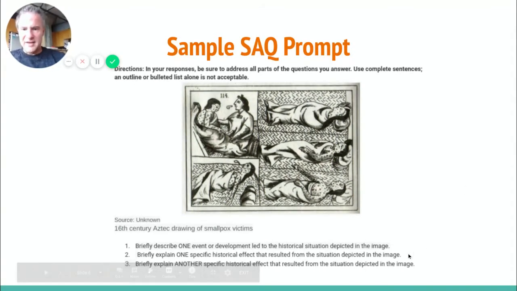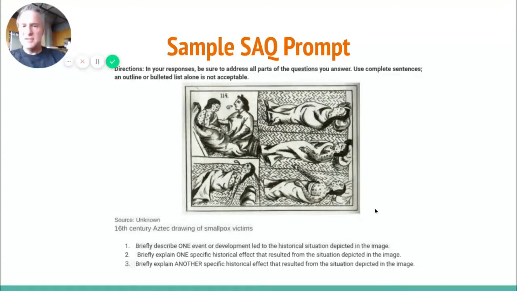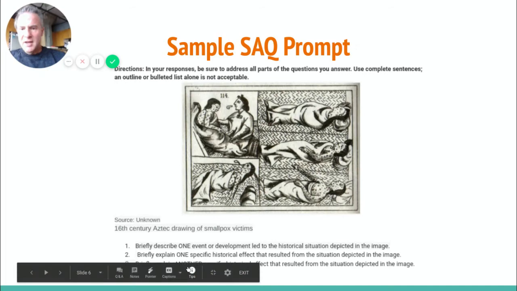The next one is asking you to explain one effect of the situation. And then your third one is asking for another effect, a second effect of, in this case, smallpox coming to the New World. So this is a cause and effect, and it is describe, explain, explain. Detail and description, and then you're going to talk about how and why, how and why.